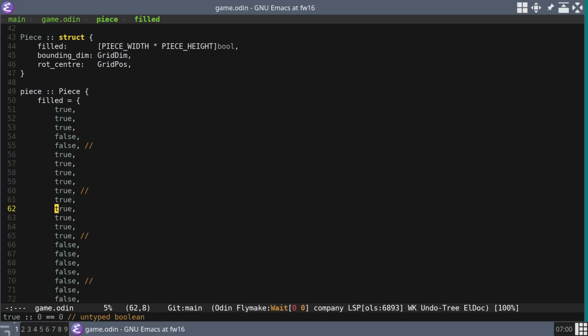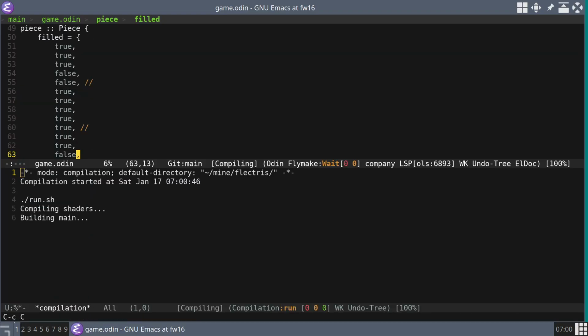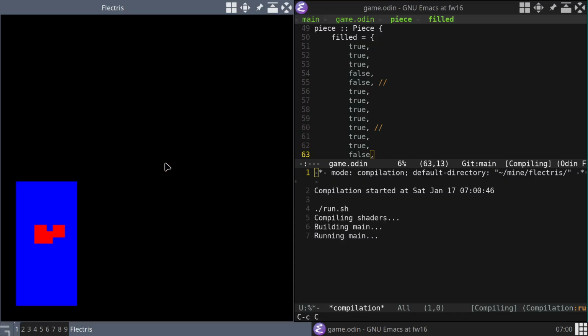We'll leave that one as is, and I guess this one will make the middle one false. So the shape is less symmetric and we can see rotations more easily. So it's dropping there. And then that looks super stupid because we did it too near the thing. But if we rotated it there and it went around its bottom left, I don't think it ends up where it ends up, but we're not that far off, are we?